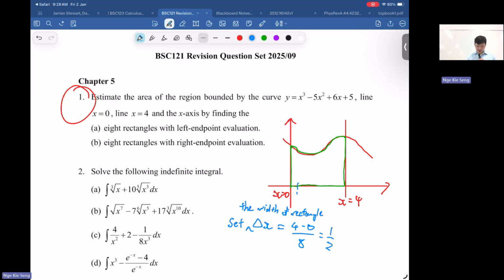And so you add by half: 1, then 1.5, then 2, 2.5, 3, 3.5, like that. Okay. And what's the height? So the height here depends on which endpoint you're going to take. Okay, so you form a rectangle like this, right? And so if it's left evaluation, you take the left endpoint to build your rectangle.